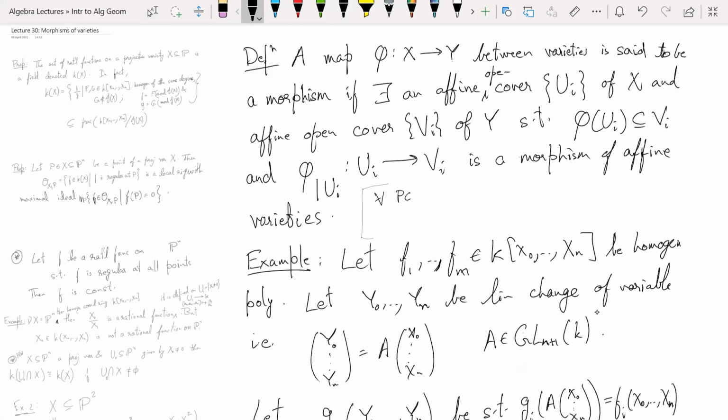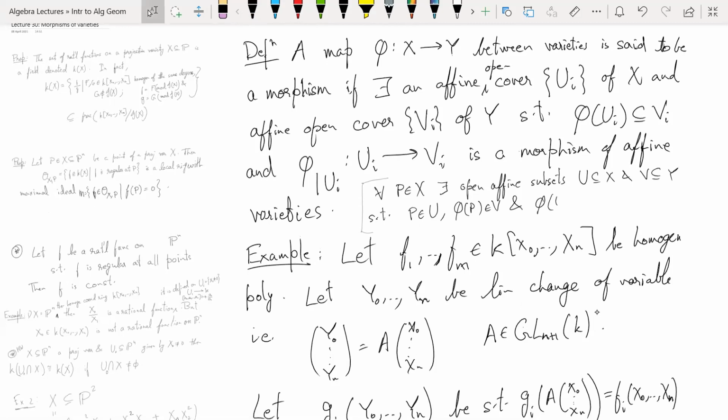For all points P in X, there exist open affine subsets U in X and V in Y, so both U and V are affine open, such that P belongs to U, and phi of P, which is an element of Y, belongs to V, and phi of U is contained in V. So phi restricted to U is a morphism.